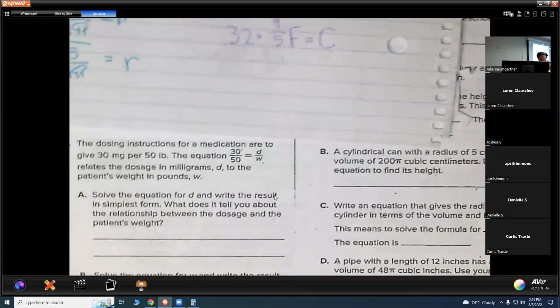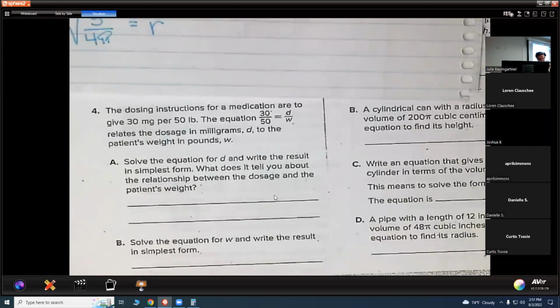All right. Number 4 is one of our proportions. The dosing instructions for a medication are to give 30 milligrams per 50 pounds. The equation 30:50 as D is to W relates the dosage in milligrams D to the patient's weight in pounds W. Solve the equation for D in simplest form.